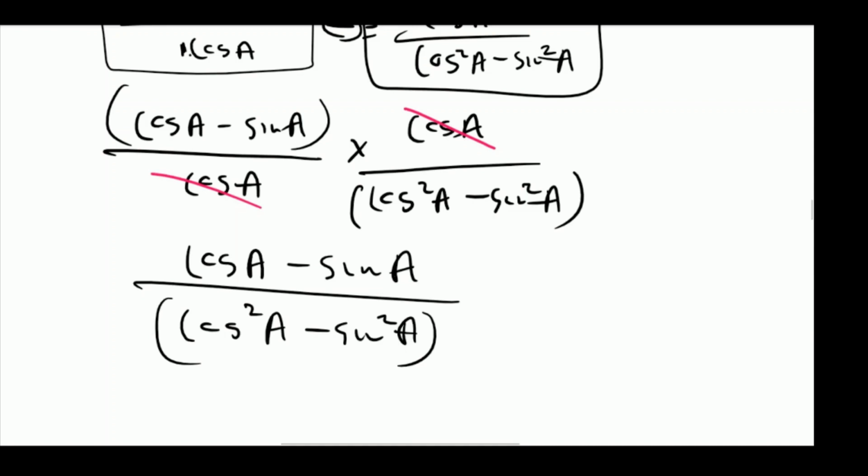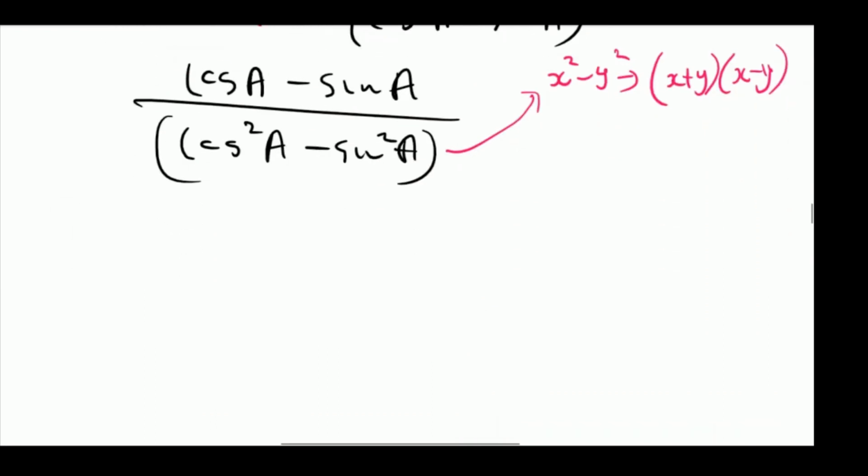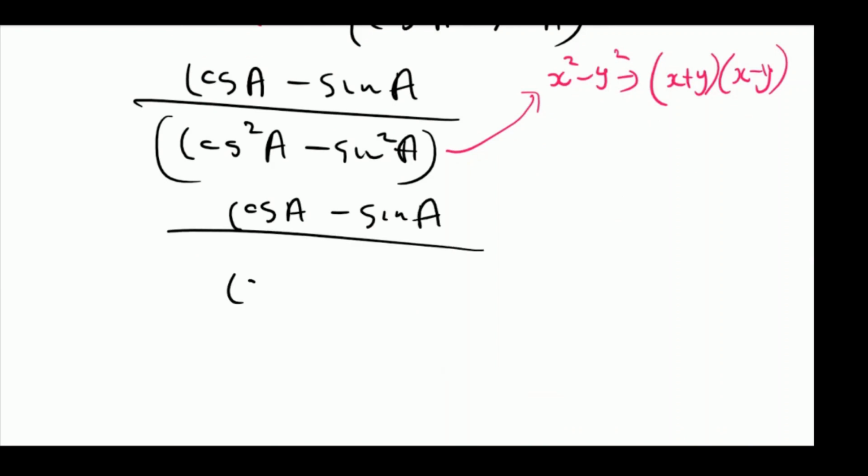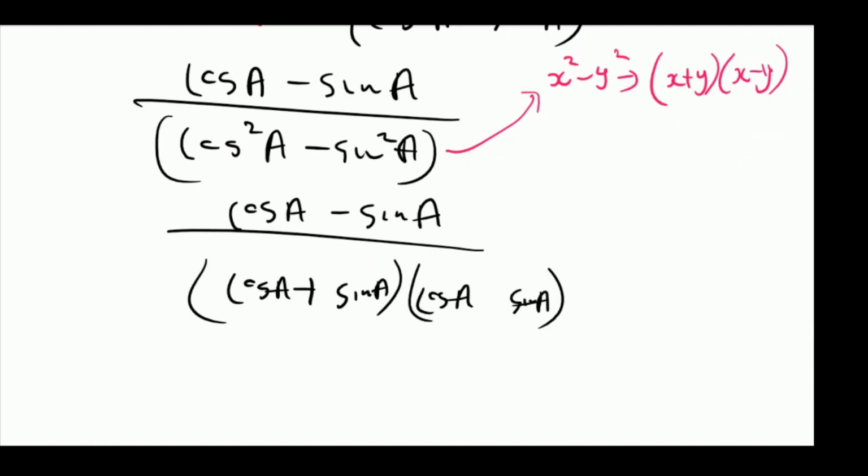Another thing that I need you to know is that at the bottom, this is the difference of two squares. If you have x squared minus y squared, to factorize this, you'll have x plus y and x minus y. So you're going to do the same thing here to factorize. So you will have cos of a minus sine of a divided by cos of a, sine of a, and it's going to be plus and minus.